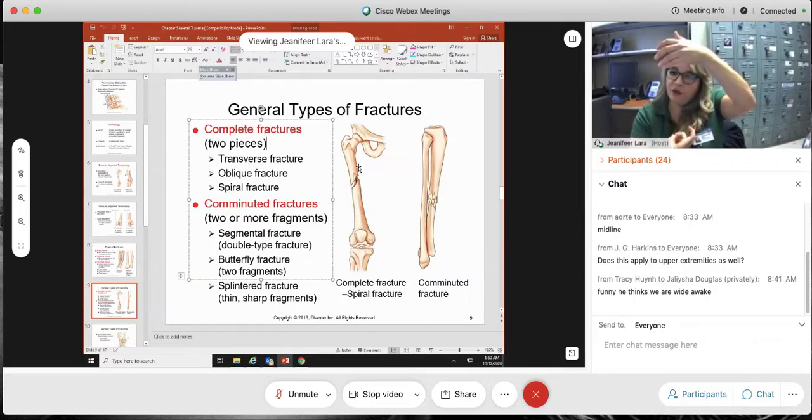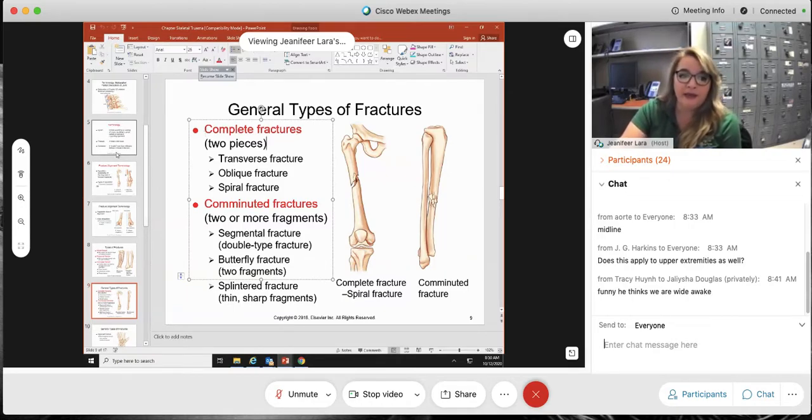So they have a spiral appearance. If there's splintered or fragments of the bone, it's comminuted. Okay? So these are describing complete fractures. Transverse, oblique, and spiral are describing complete fractures.